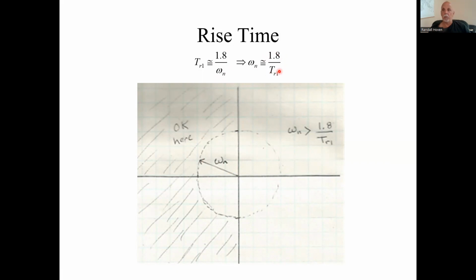So that gives us a number. It says we need to be so far away from the origin. The poles need to be outside this circle. And in fact, for a stable system, the poles always must be in the left half of the complex plane. We'll get to stability later, but we always want our poles in the left half plane. So that's what the rise time spec translates into: outside this circle, to the left of that circle.